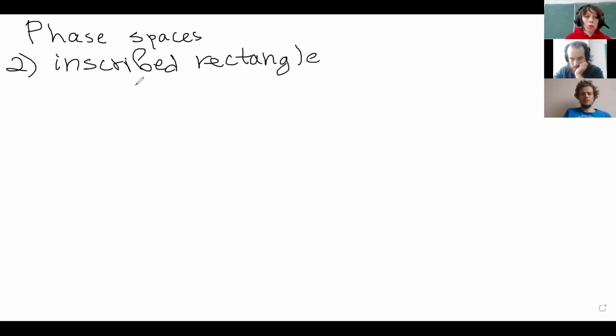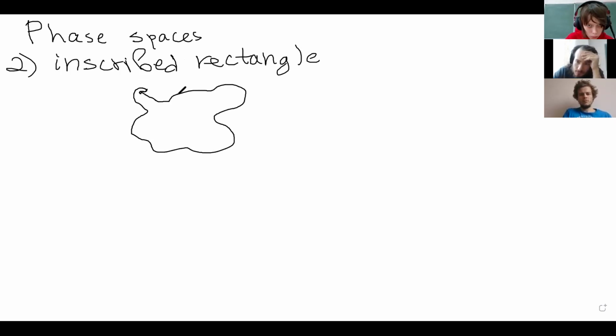So suppose we have some continuous curve in the plane, and the aim is to prove that one can inscribe a rectangle into this curve. So I'll try to do this. So maybe this way. Oh, let's say that's a rectangle. Looks pretty fair.